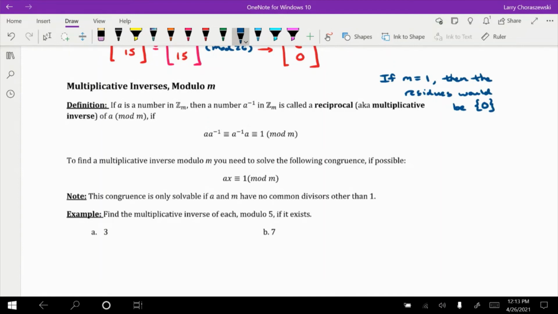So, for example, if we took 13, then one potential answer for 13 would be 0. And that's because 13 minus 0 is 13, which is 13 times 1.